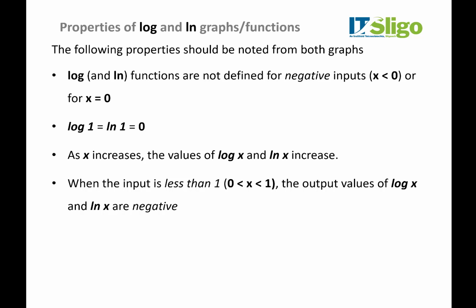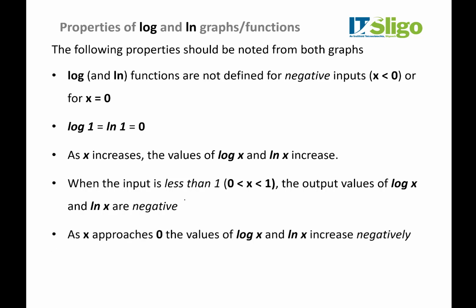So the closer we get to 0, the more and more negative our output is. Our y value is negative. When you get the log of a number between 0 and 1, your answer will always be negative. The closer it is to 0, the bigger the negative number you will return.